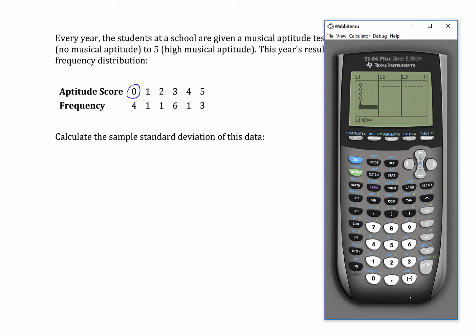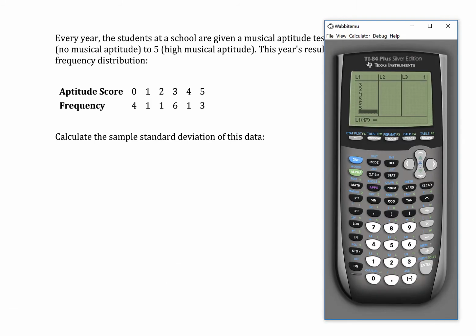The value 1 occurs once, 2 occurs once, 3 occurs 6 times, so I'd put it in 1, 2, 3, 4, 5, 6 times. 4 occurs once, and 5 occurs 3 times. So there's my actual data set.